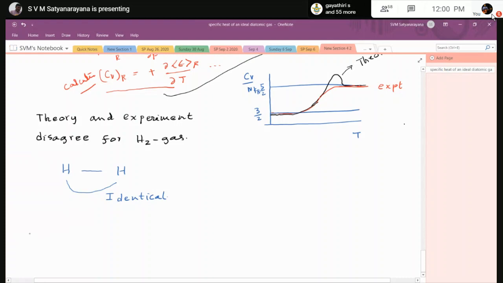Now the nucleus of the hydrogen atom has spin half, and this also has a spin half nucleus.